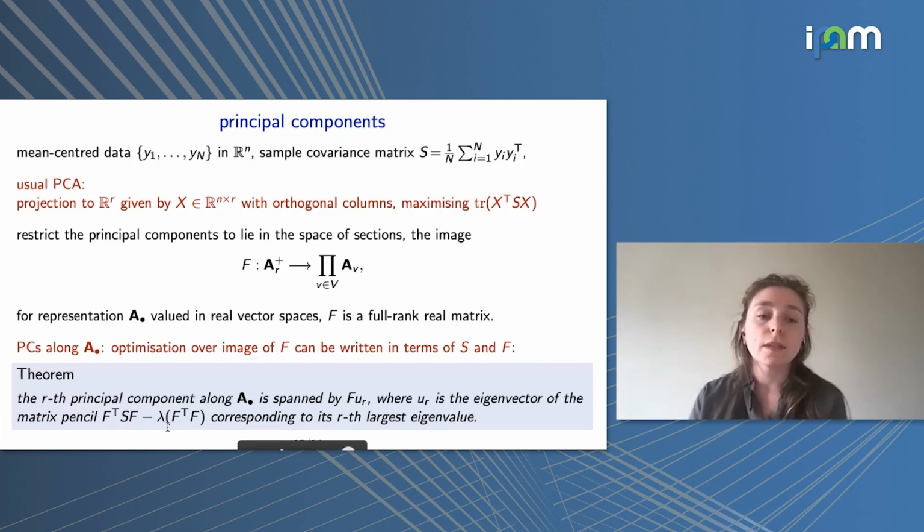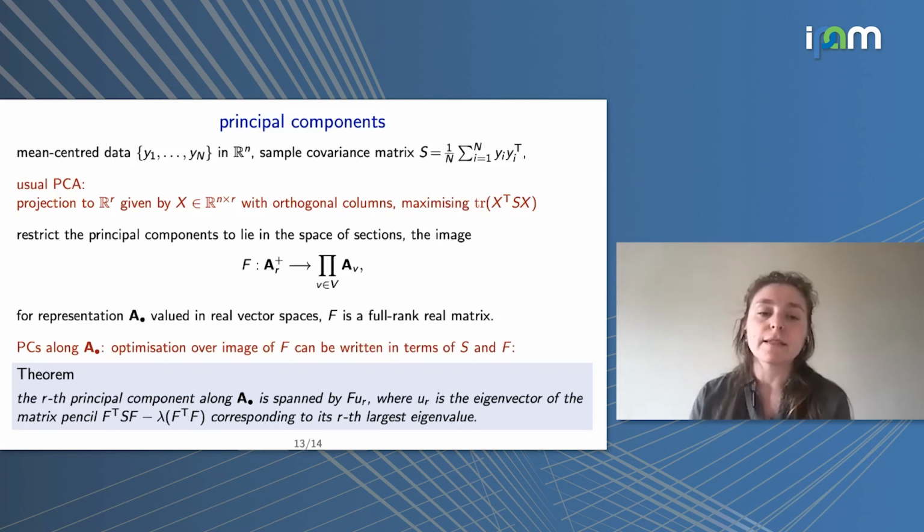So the rth principal component along the quiver representation is spanned by F U_r, where U_r is the eigenvector of the matrix pencil F transpose S F minus lambda F transpose F. And it's the eigenvector corresponding to the rth largest eigenvalue.